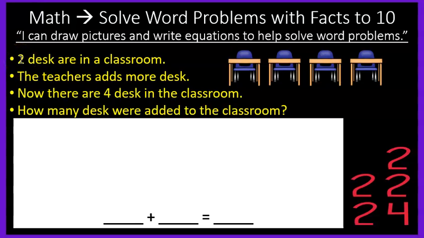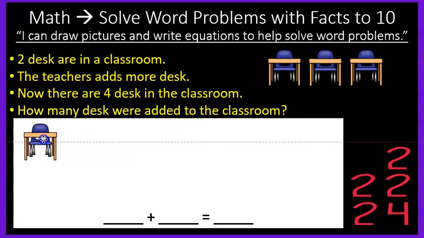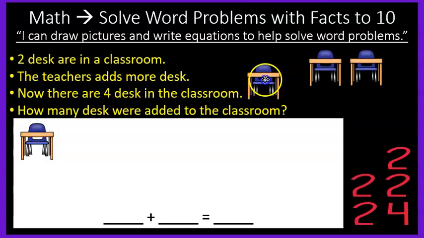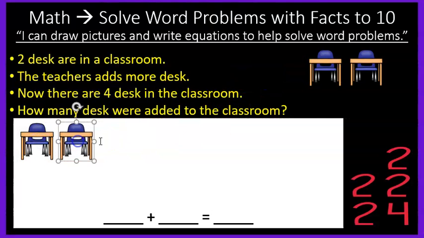2. So, boys and girls, the first thing you're going to have to do is insert, okay? 2 desks. You know that right away, okay? Because that's what it's telling you. 2 desks are in a classroom. Now look. 1, 2. 2 desks are now in a classroom.